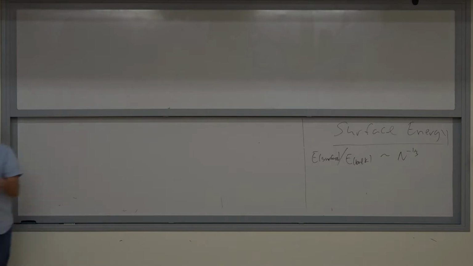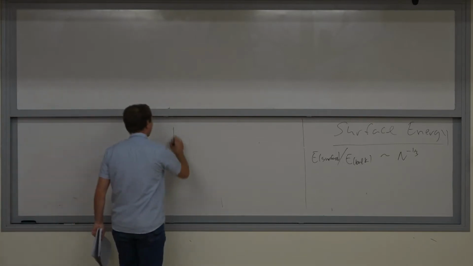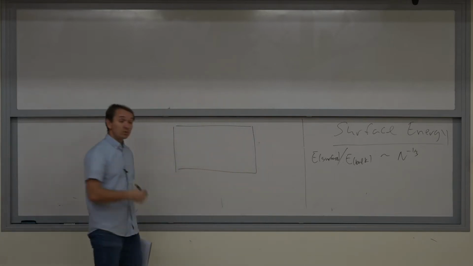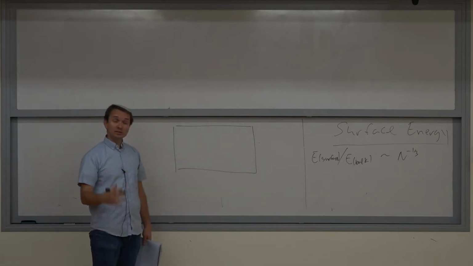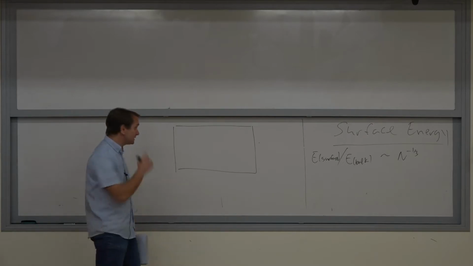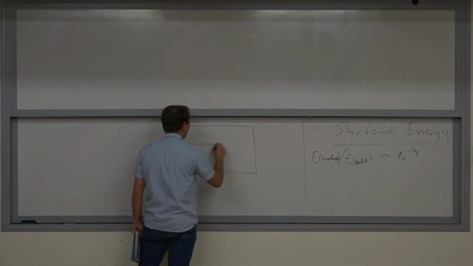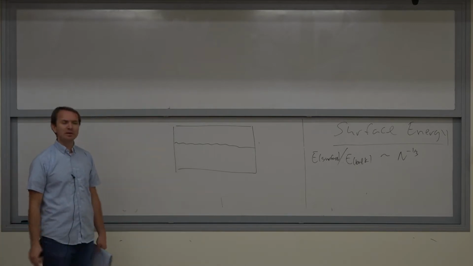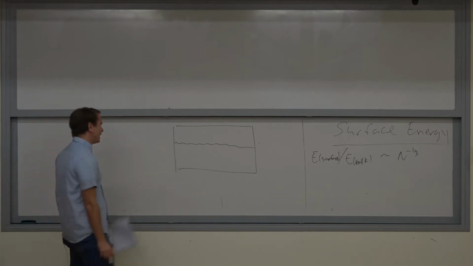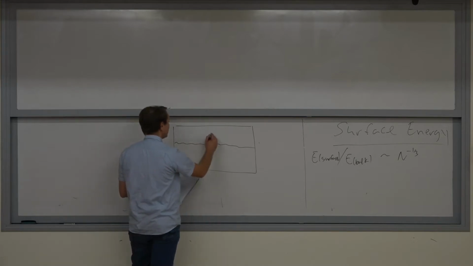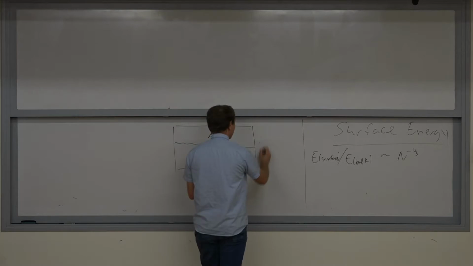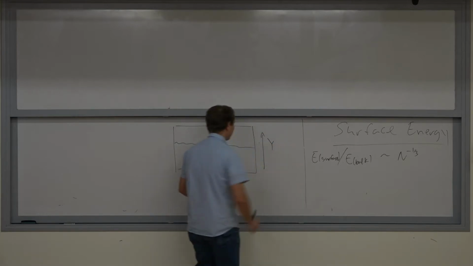Think of the following example. I have two systems. I can say I have two systems, or I can say I have two phases, and they are somehow well separated. There is not a big mixture of everything, and I have very good separations for system A, for system B, and this is my coordinate y.